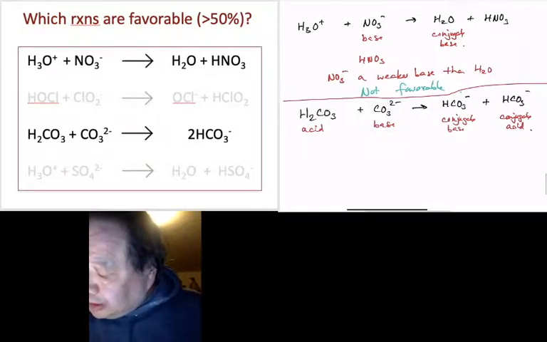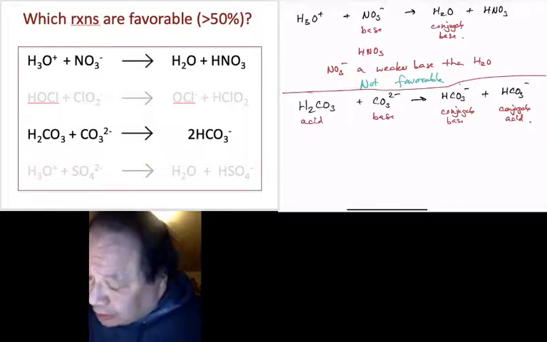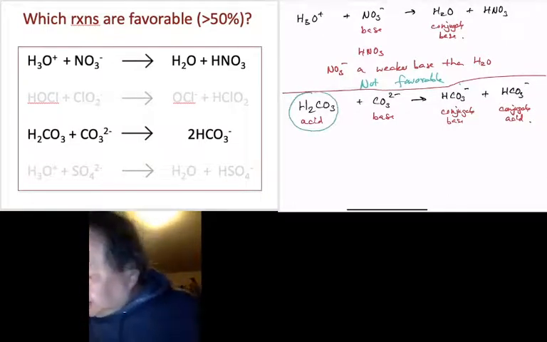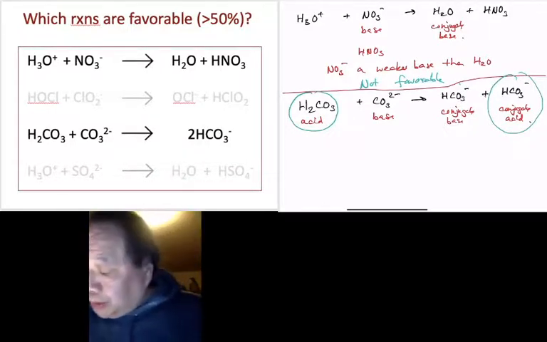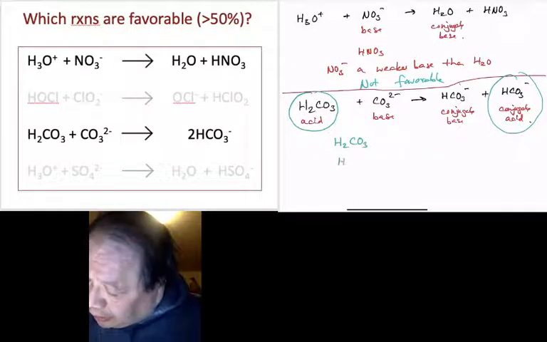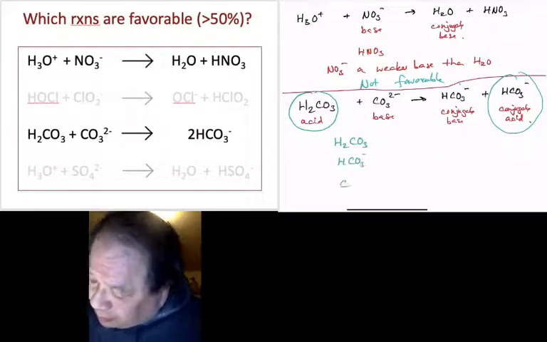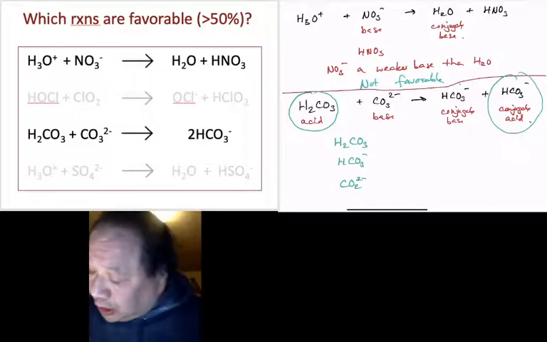And the answer is, we can do it two ways. We can look at the acid, and we can compare it to the conjugate acid. And we recognize neither of them is a strong acid, but we recognize that they belong to a cascade. And in a cascade, which member of the cascade is the strongest acid?